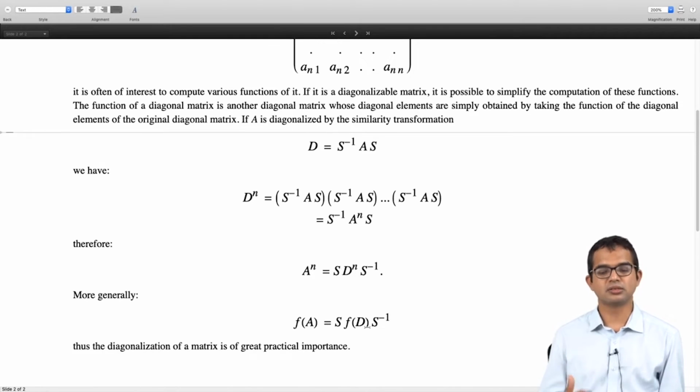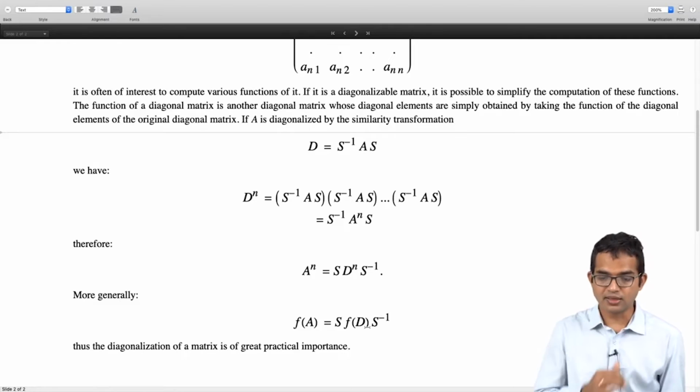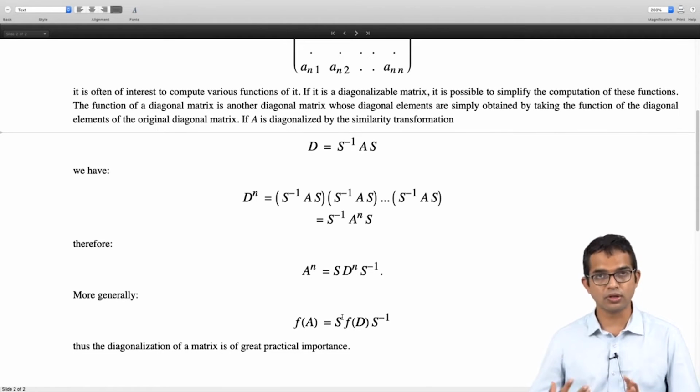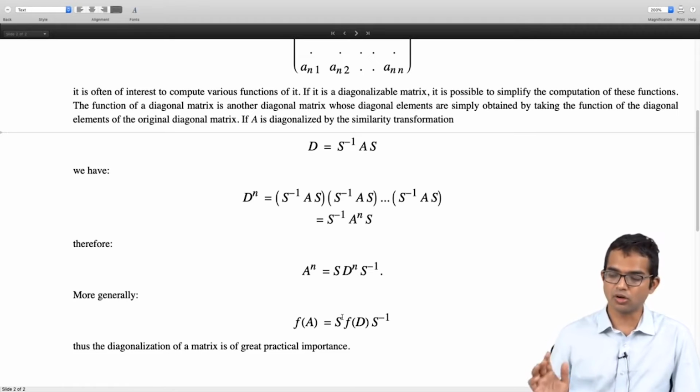So this has great practical importance. Diagonalization of matrices is important, and for big matrices it's a whole industry to diagonalize matrices, and there are very, very sophisticated algorithms available for carrying this task out, right? But we are not going there.